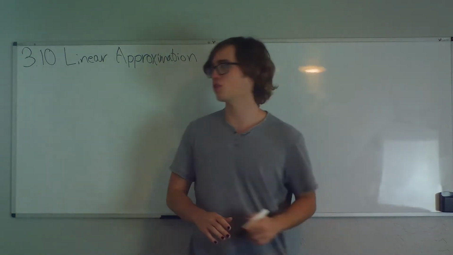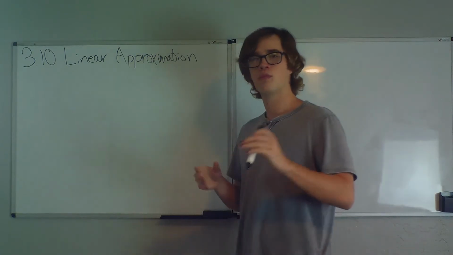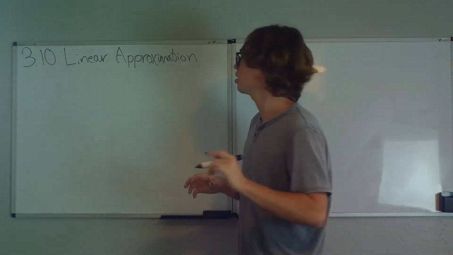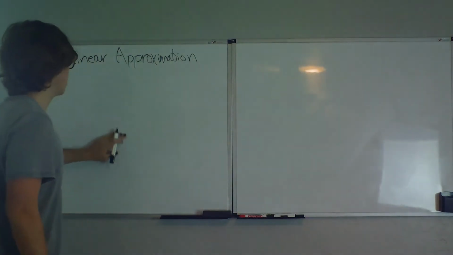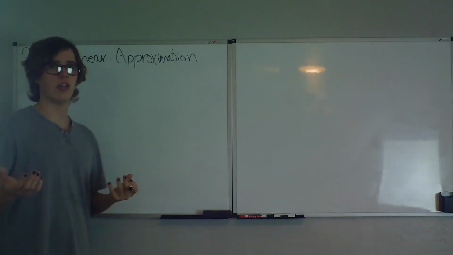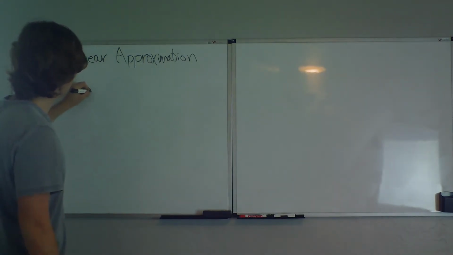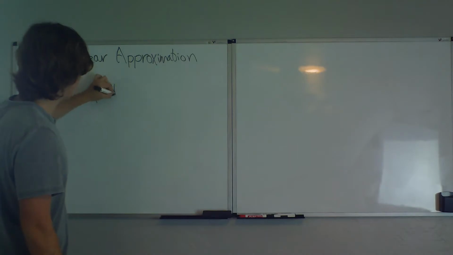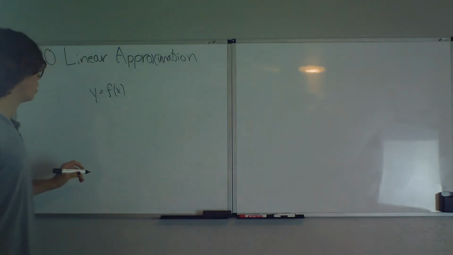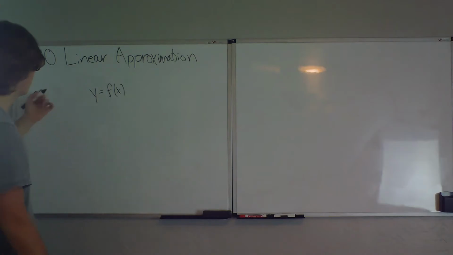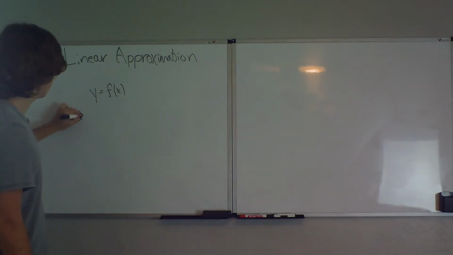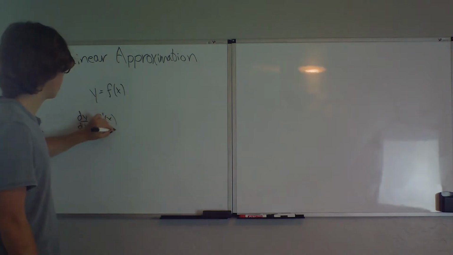Wait, before the transition, I didn't do something properly. I wrote the differential kind of weird. We had y is equal to f of x, right? And if we were to take the derivative of it, we get dy dx is equal to f prime of x, correct?